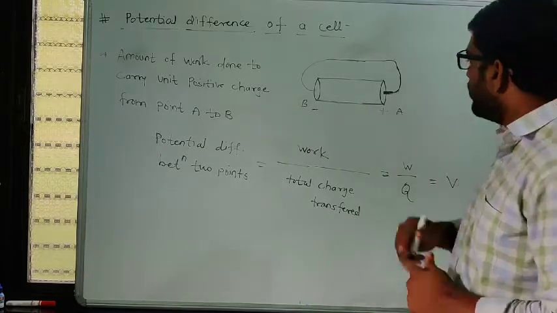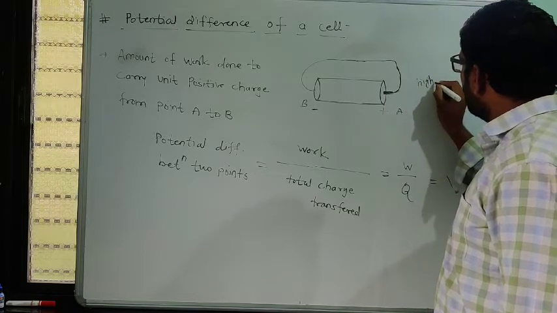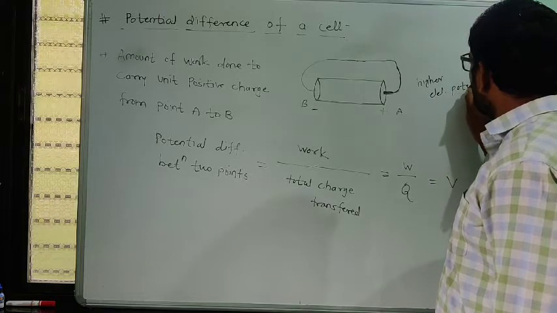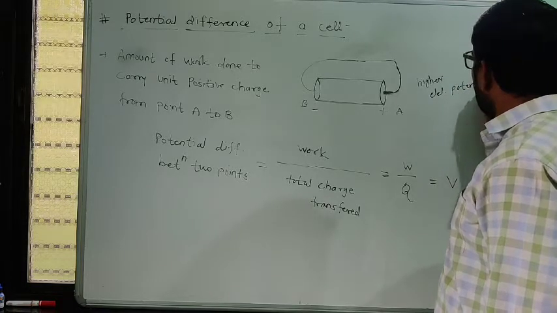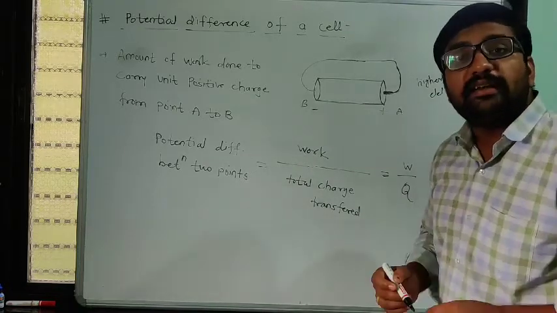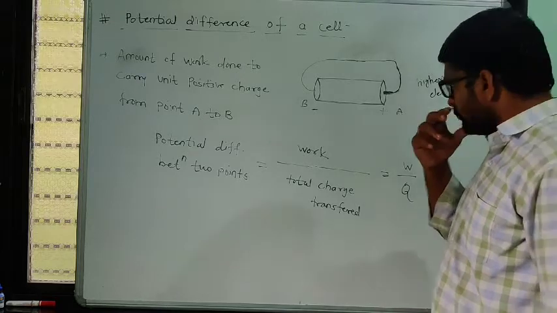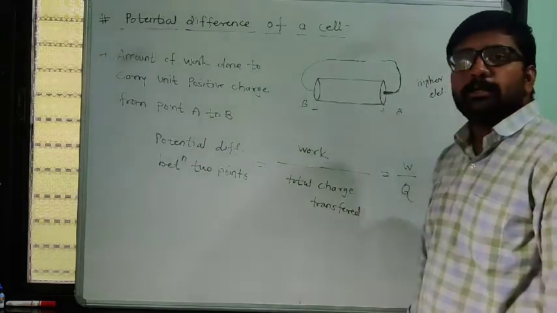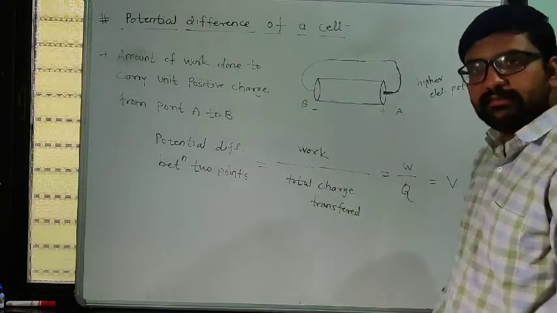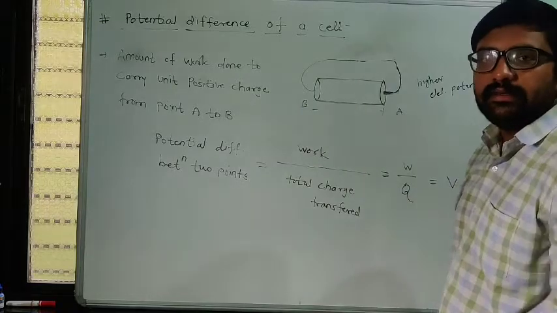Okay, and we consider this positive terminal to be at higher electrical potential, and this negative terminal is at lower electrical potential. Okay, so here there is some potential difference between this point A and B of the cell. Okay, this is the positive and this is the negative terminal of a cell.